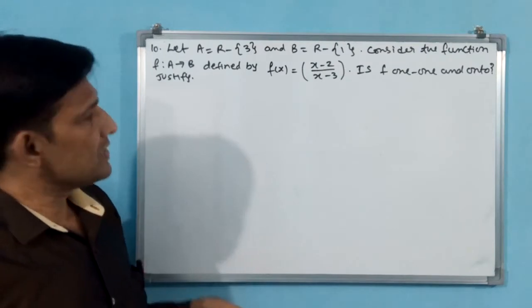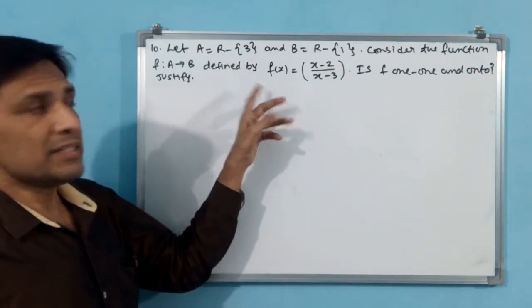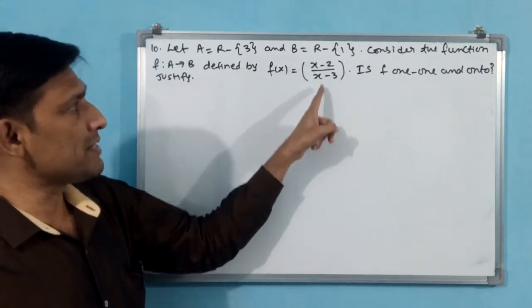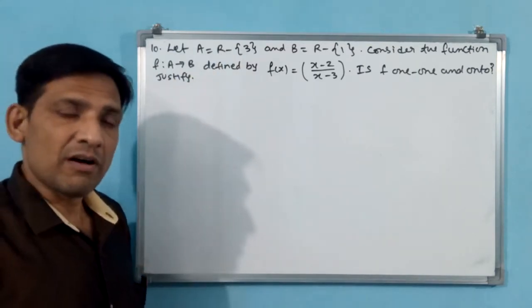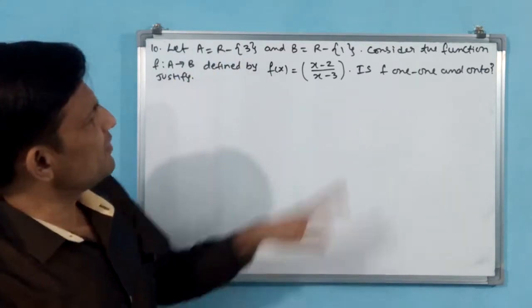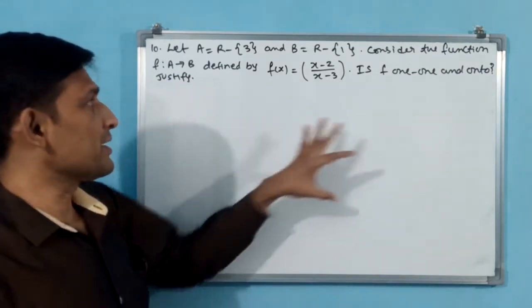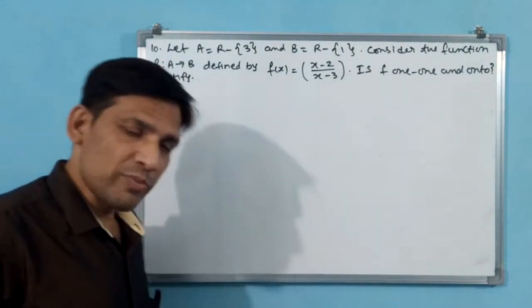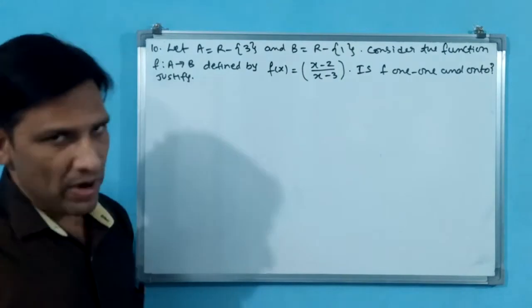Logically, if you think first, why is he giving R minus 3? If we give 3, 3 minus 3 will become 0, and x minus 2 by 0 is undefined. That is why he has mentioned R minus 3. Like that, even if you see the x value in terms of y, if you put 1, automatically that is going to become undefined. That is why in y also they have not given 1.